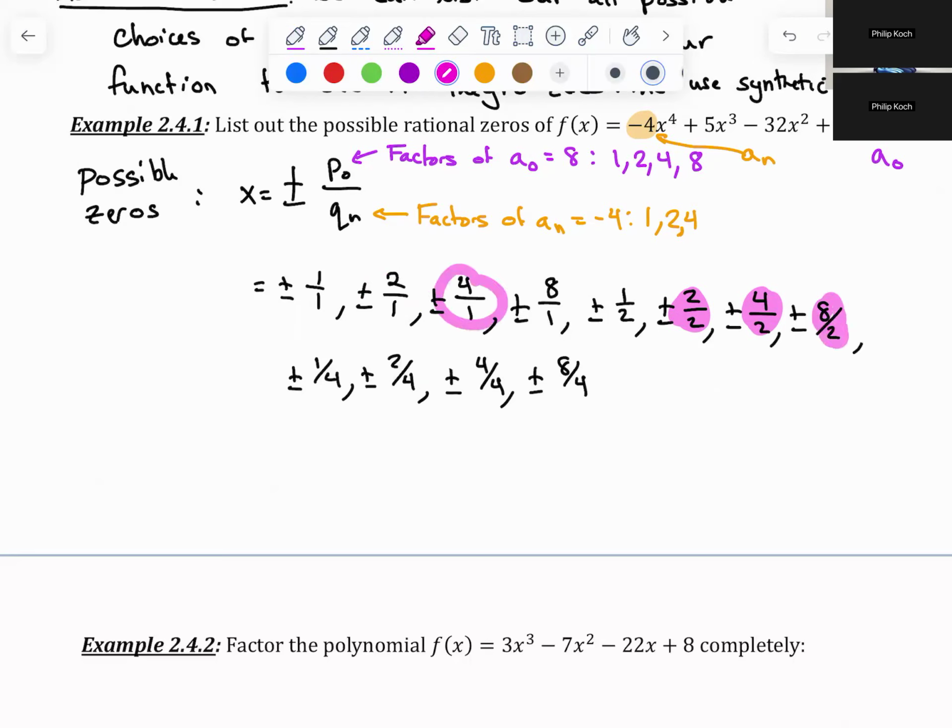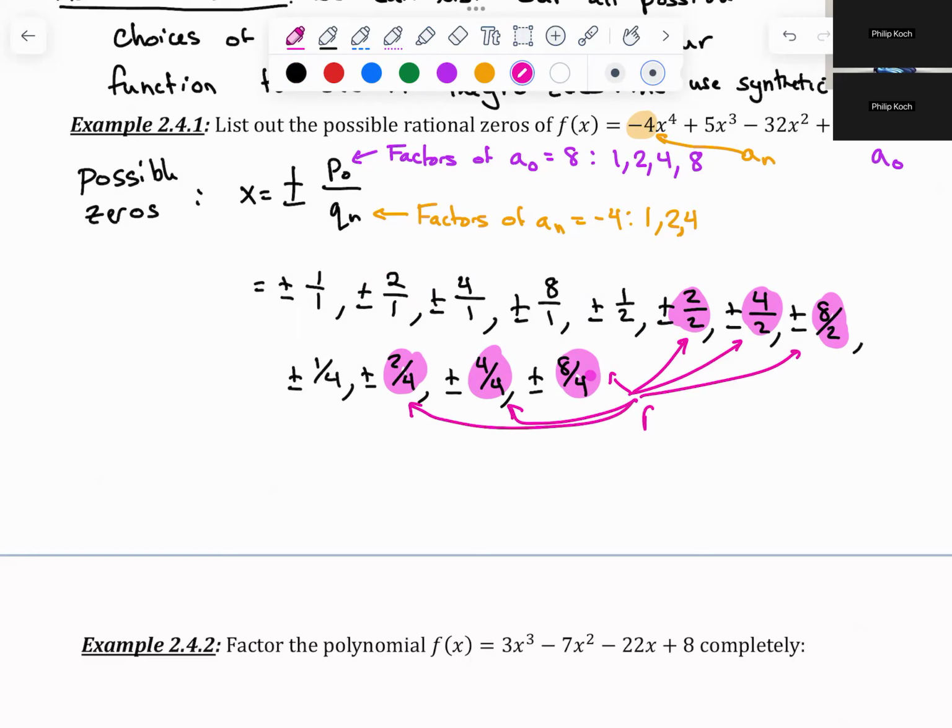We already have that. 1/4 we don't have yet. 2/4, that's 1/2. We already have that. 4/4, that's 1. We already have that. And 8/4, that's 2. We already have that. So these are all redundant. These are redundancies.